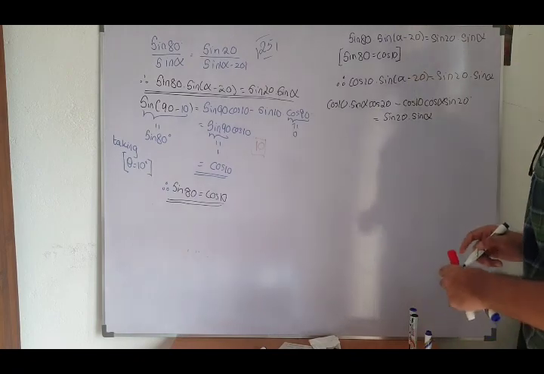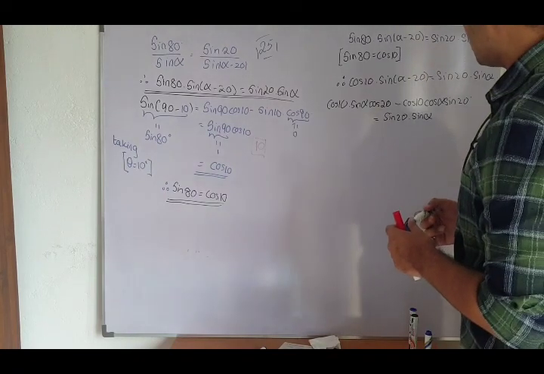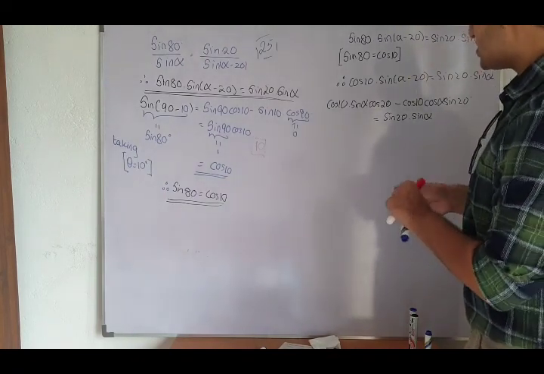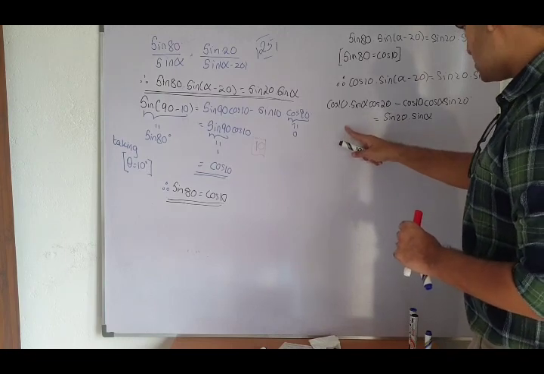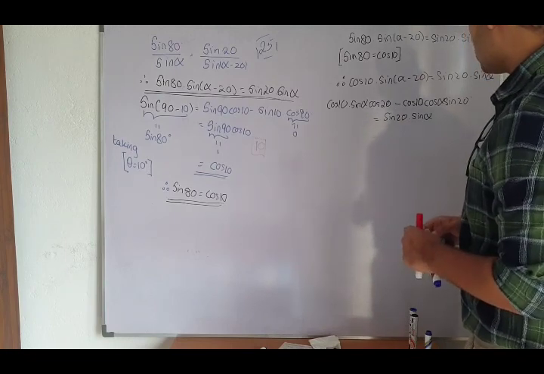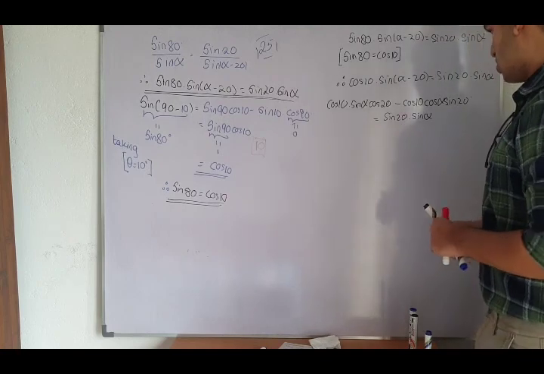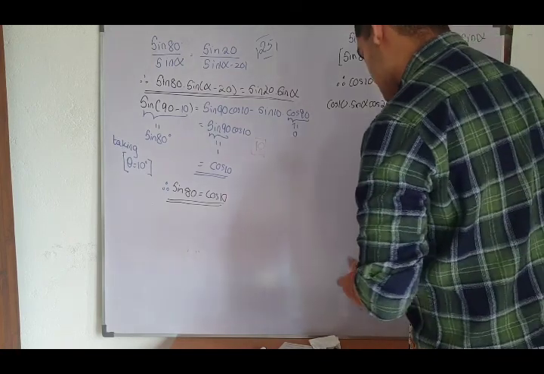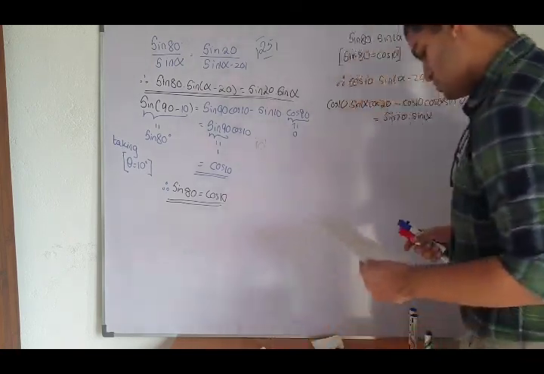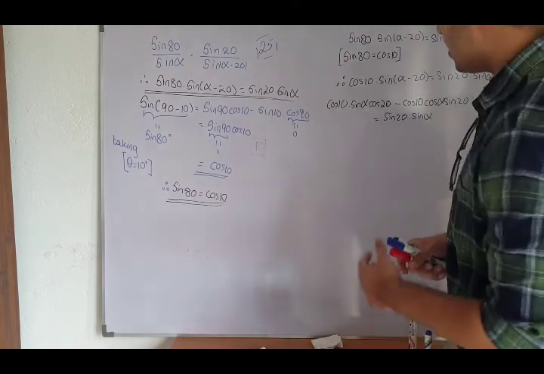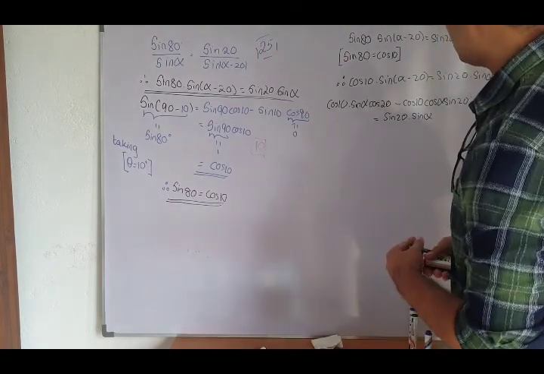Now, if we divide this, how are we going to take cos 10 and sin alpha?